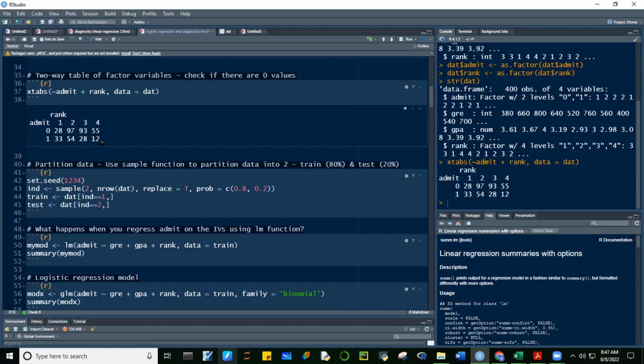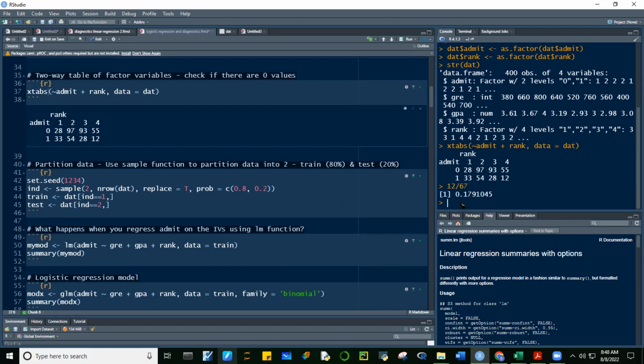So that's 12 out of 67. So tingnan nga natin. 12 divided by 67. So only around 18% from rank 4 schools. Ano naman, pag rank 3, 28 divided by 28 plus 93.